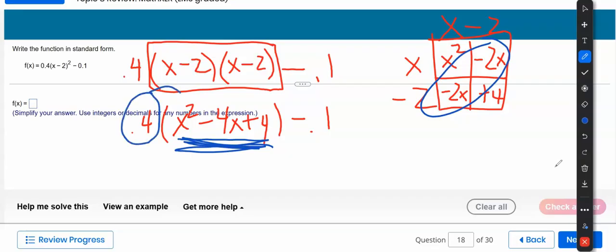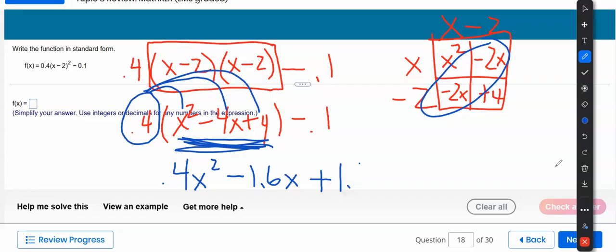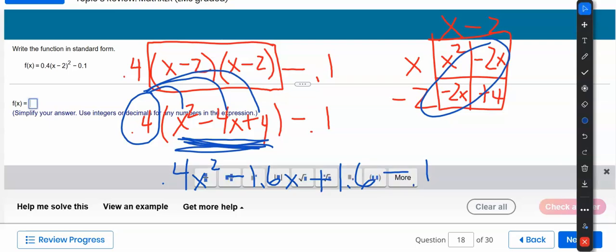Now the 0.4 on the outside needs to get multiplied times all the three things on the inside, so that would be 0.4 x squared minus 1.6x plus 1.6 minus 0.1. So what is my final answer? 0.4x squared minus 0.1.